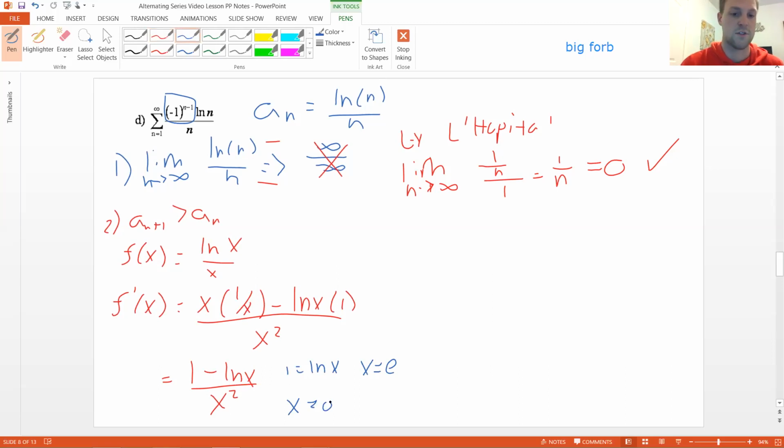So there are 2 values to check between. 0 is already my starting point anyway, and then we've got e right here. e is 2 point something, so maybe I can plug in 1. ln of 1 is 0, so it's positive on top and positive on bottom, so that's positive. Anything past e, like 2, 3, 4 is going to make ln bigger than 1, so it's going to be negative for my interval. Okay.